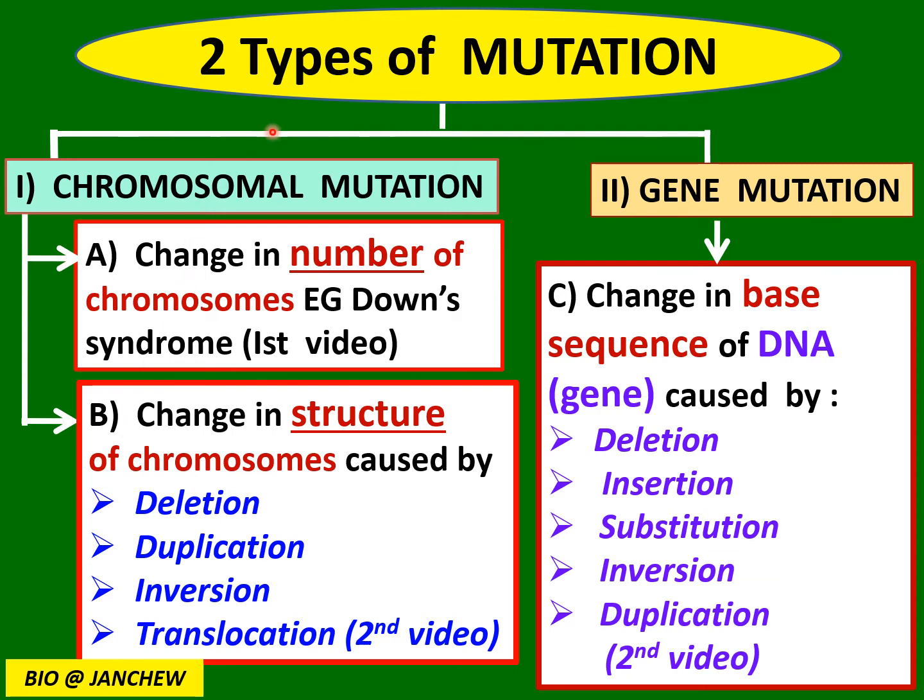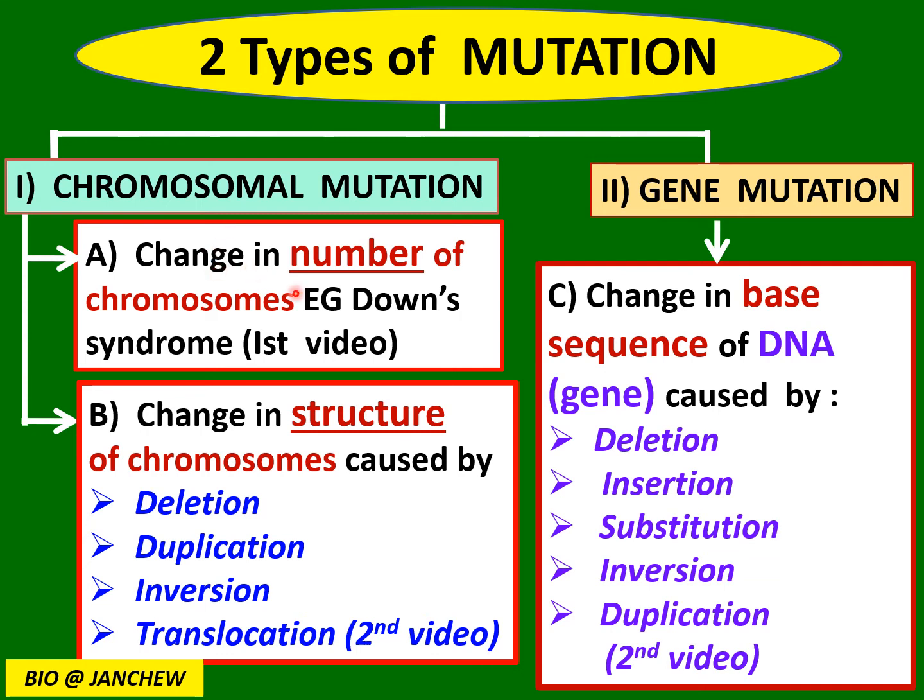mutation involves changes in the genetic composition or material of the cell. So there are two types of mutation. The first type involves the chromosomes, and it is called chromosomal mutation. The second type involves the DNA, and it is called gene mutation. So in chromosomal mutation, there are two types of changes.